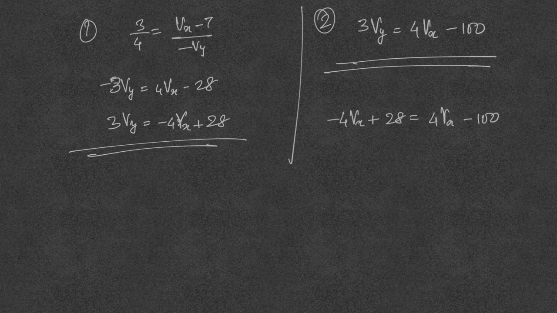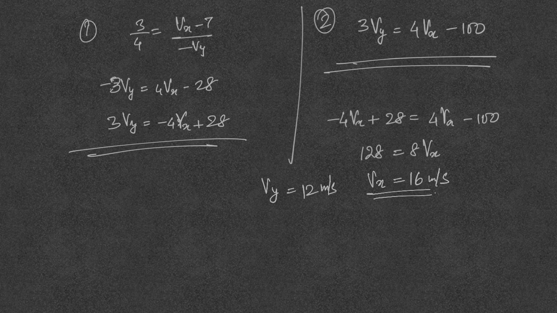Solving this equation, 128 equals 8 Vx, and Vx equals 16. Similarly, Vy can be derived as 12 meters per second. So this is the y component and this is the x component.